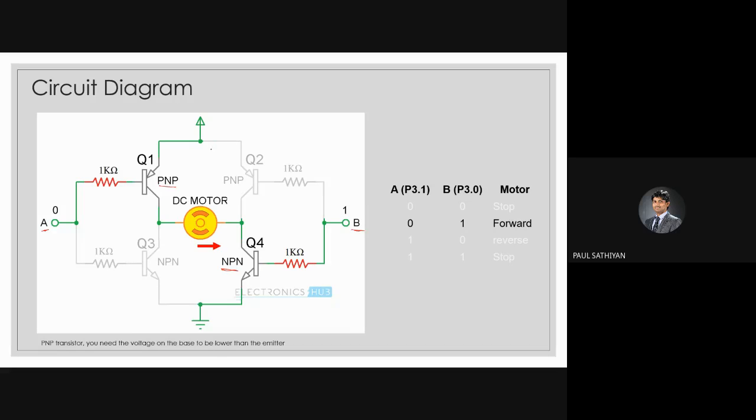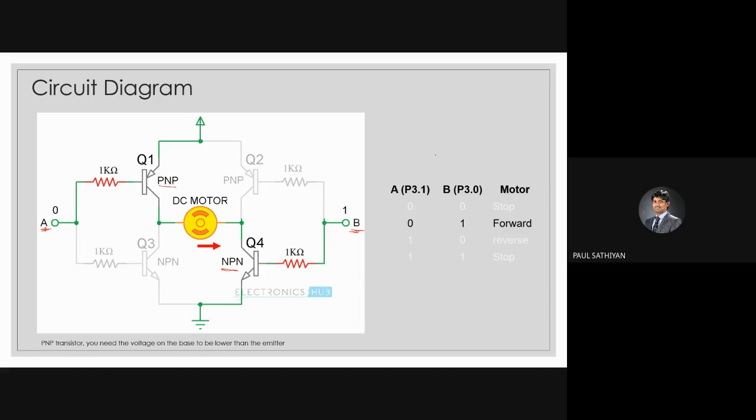Let's see how we can operate the motor in one direction. Since we have two bits, I can take A as one bit and B as another bit. If I change these values, I'll be able to start, stop, rotate in forward, rotate in reverse.